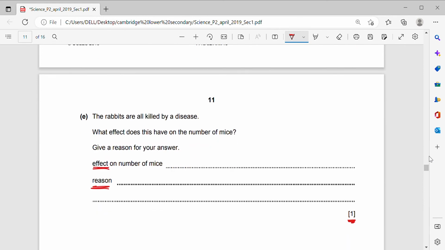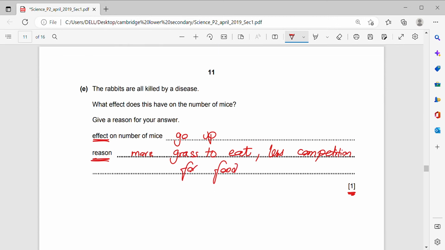Either the effect is that it will go up, and the reason is more grass to eat, so less competition for food. If someone else wrote the other answer, the effect is that it will go down.